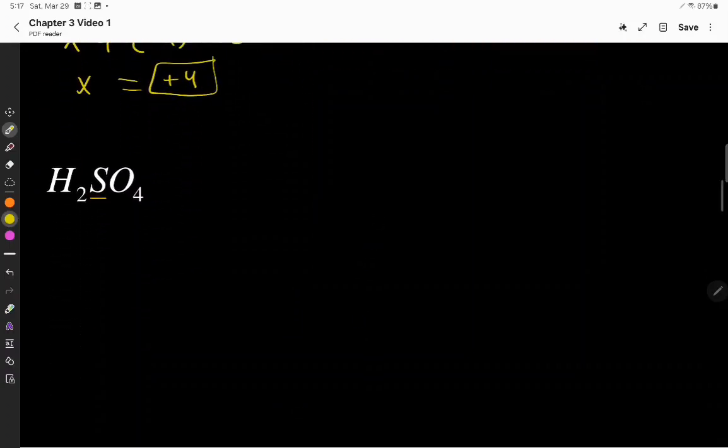Let's see another example here. It says, what is the oxidation number of sulfur in this compound? Hydrogen is positive 1. Positive 1 times 2 is 2 positive. Plus this sulfur, we'll say X, plus oxygen is 2 negative times 4, it will be negative 8.